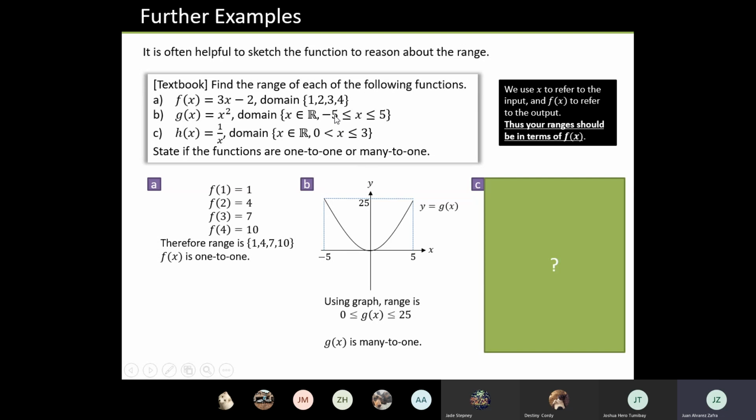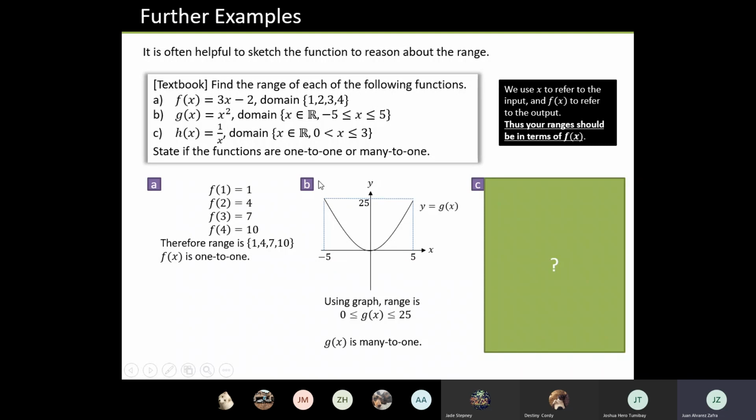Well, even though we're putting values -5 to 5 in there, both of them give you an output of 25. But if you notice that 0 outputs 0, then we can see the output of g is any number from 0 to 25, including 0 and 25. So that's these values here on the y-axis. They all come out by putting in appropriate values between -5 and 5.